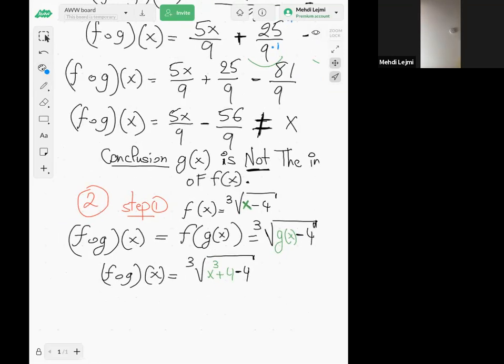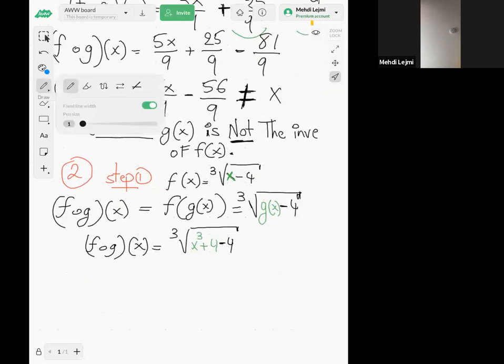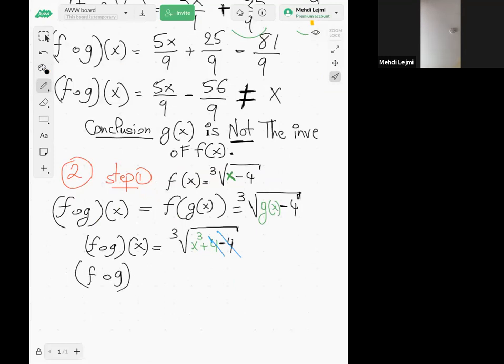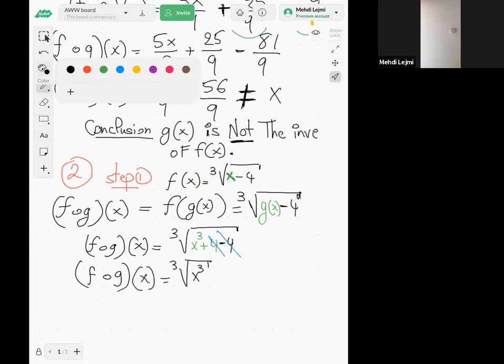Now it's just the third root of x cubed, and the third root cancels out with the cube. So now it's just x. This is equal to x.